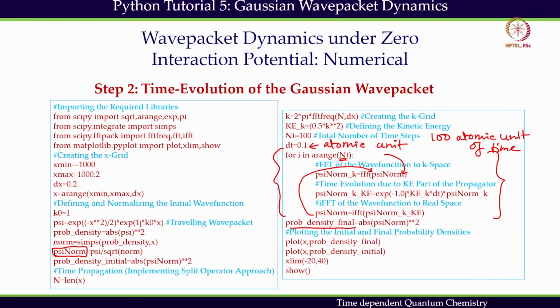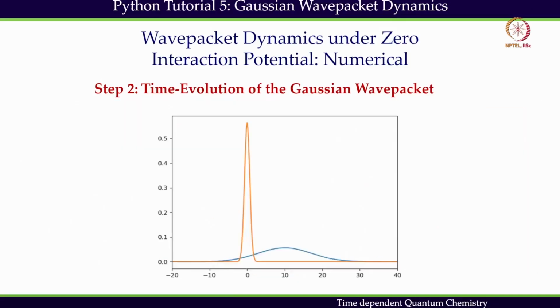As you can see, the kinetic part of the propagator has been implemented or carried out in momentum space only. So with this, we see that the center of the Gaussian is moving, and not only that, it is spreading out also, and its amplitude is going down.